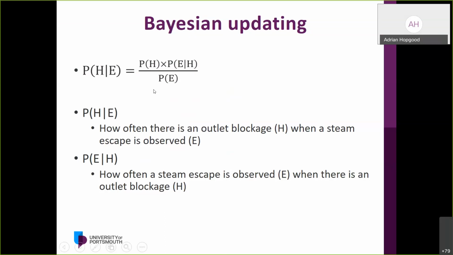Equally, the other way around, the probability of evidence given a hypothesis, which is generally easier to find, is how often a steam escape is observed, that's the evidence, when there is an outlet blockage. So putting things the other way around. But the key thing about Bayesian updating is you have this idea that every assertion has a probability associated with it, and you update it in the light of new information.